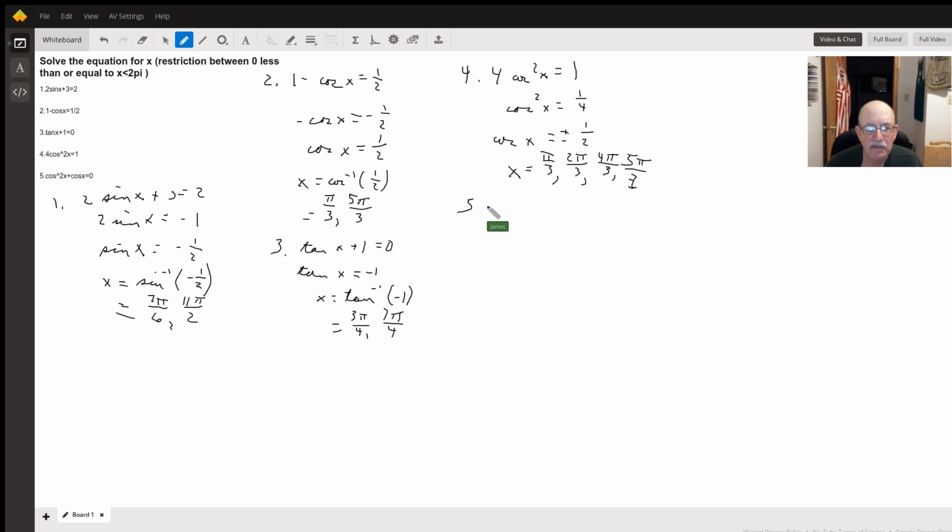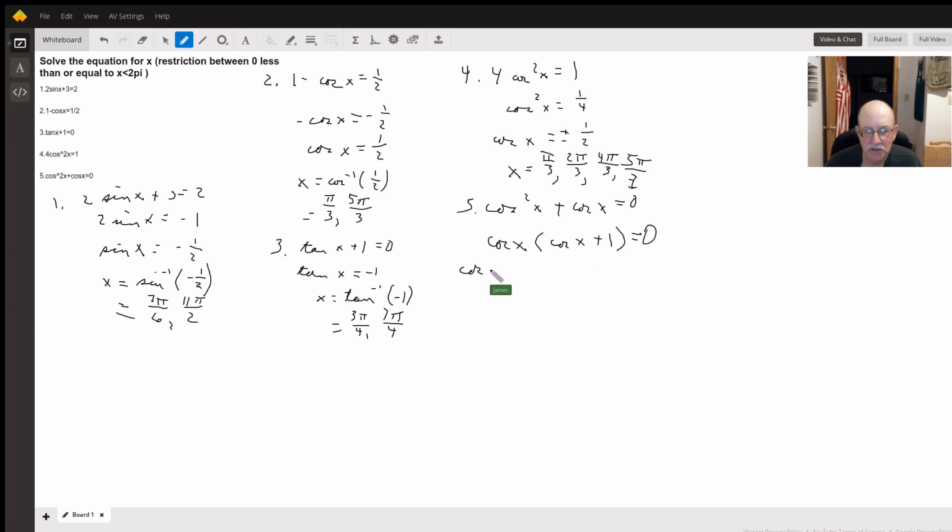All right, then we got this last one, cosine squared of x plus cosine of x equals 0. For this one, we want to factor out a cosine of x. And we get cosine of x times cosine of x plus 1 equals 0. We're going to set both of those equal to 0.